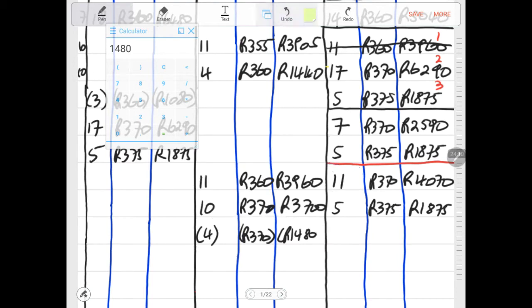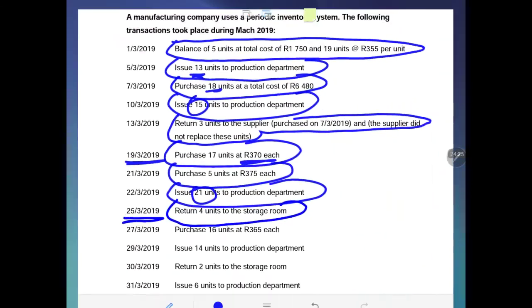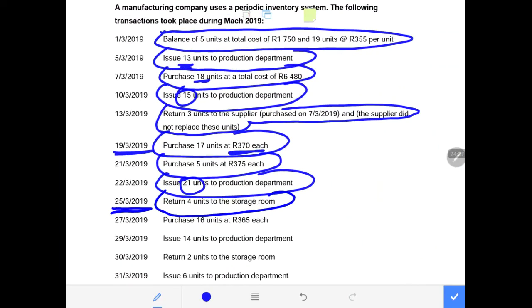Now we have recorded that into our inventory and also our returns column, which is the issues returns. Now we have recorded the 4 units that were returned back to the storage, which was on the 25th of the month of March.